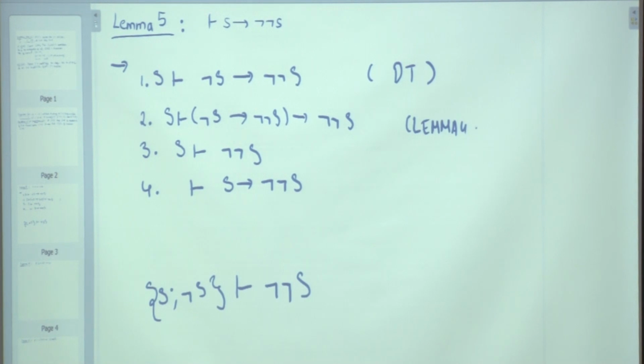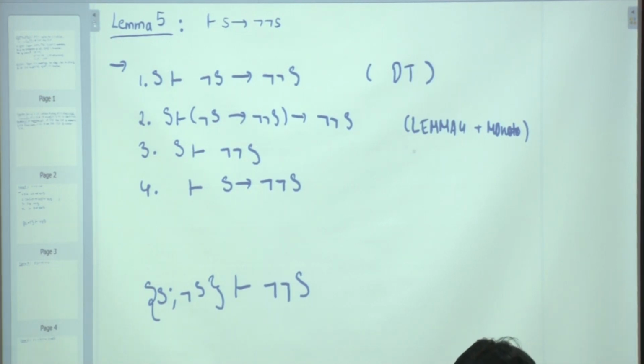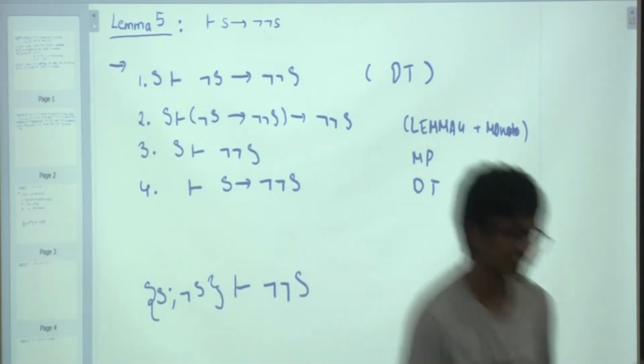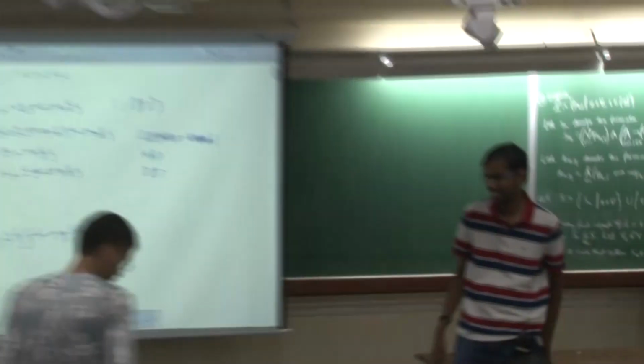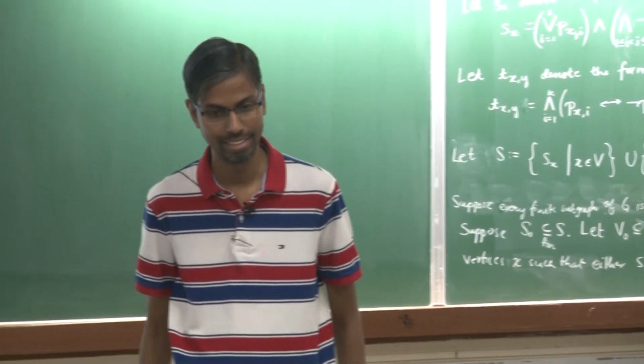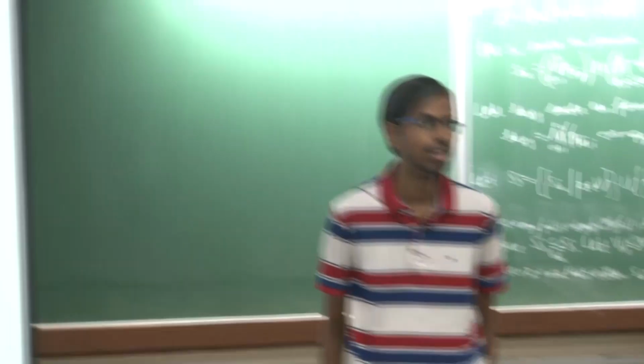Does anybody have an alternate proof? Yes, very good. I want you to write it down afterwards. There is a 3-line proof. As you can see, there are multiple proofs and they all can be valid.